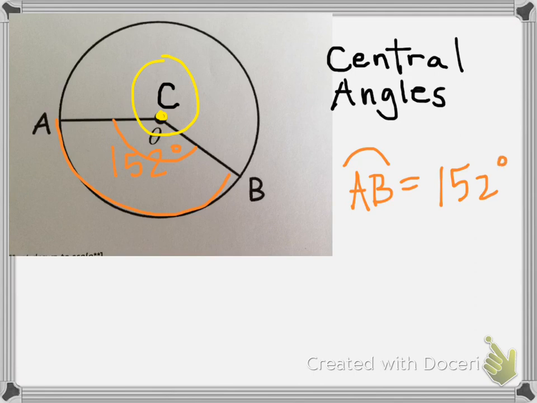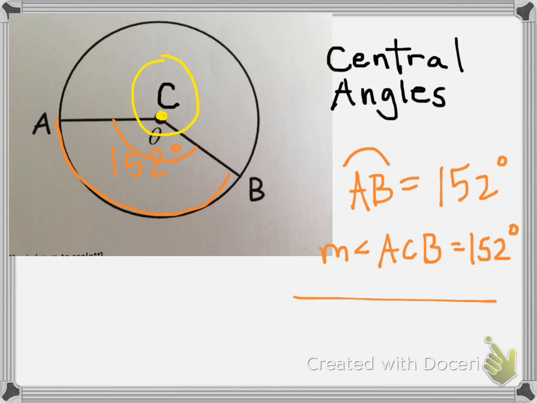So whatever the angle is, the measure of angle ACB, if that is 152, then the arc is also 152 degrees.